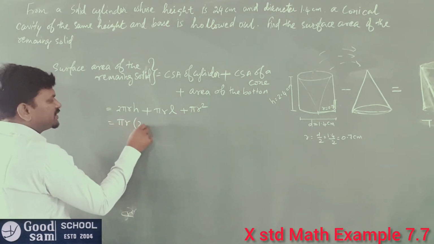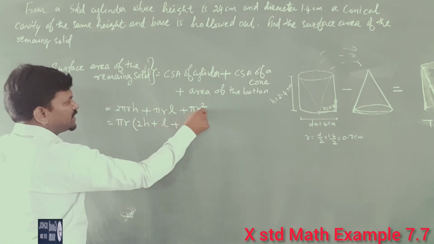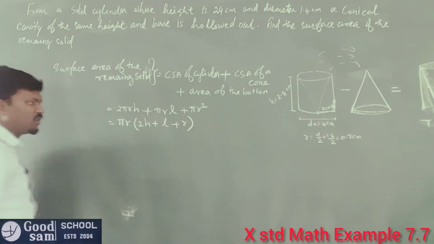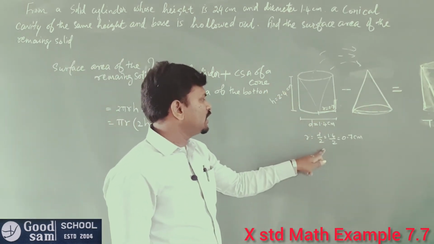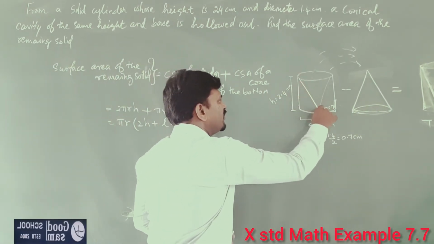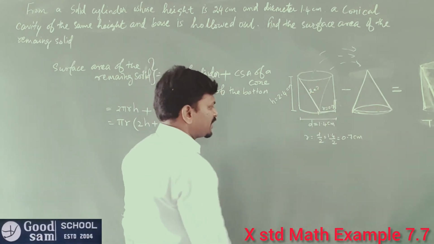So πr(2h + l + r). We know the values of h and r, but we don't know the value of l, so we have to find l separately.